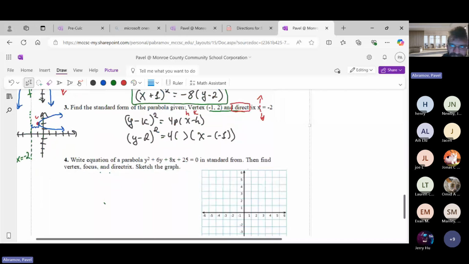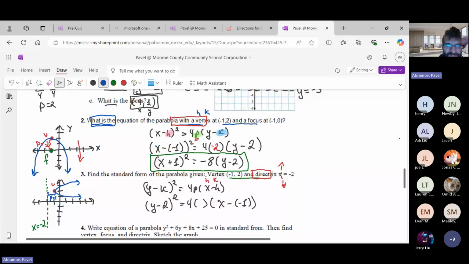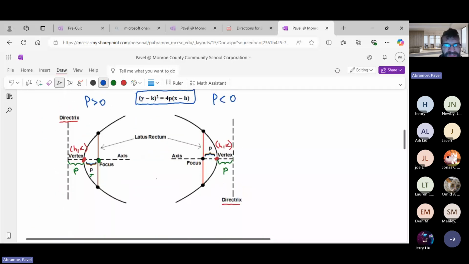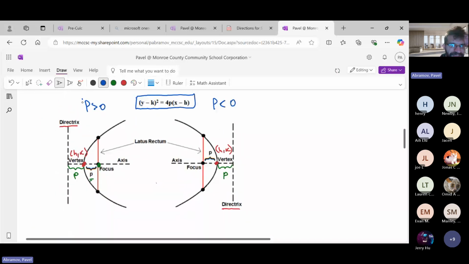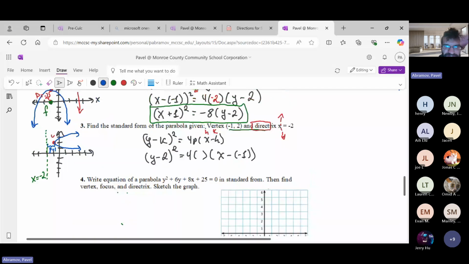That's right. So it's the distance between the vertex and the directrix. So P is equal to 1. Now notice it's going to be positive 1 because the parabola is opening to the right. So if we once again look back at our notes, if the parabola opens to the right, then P is positive. If it opens to the left, it's negative. Since it opens to the right, it's positive.